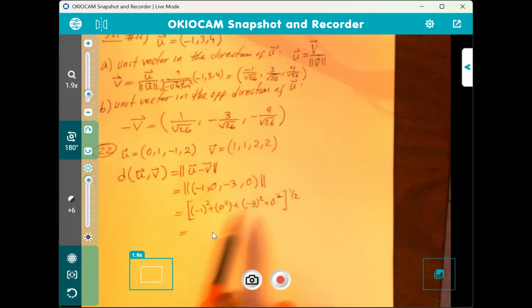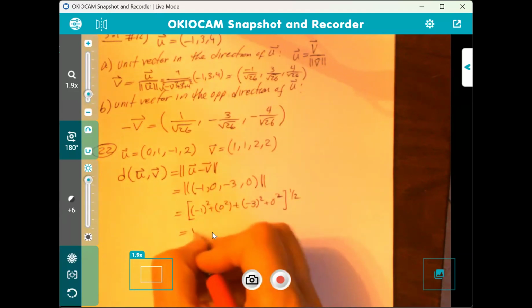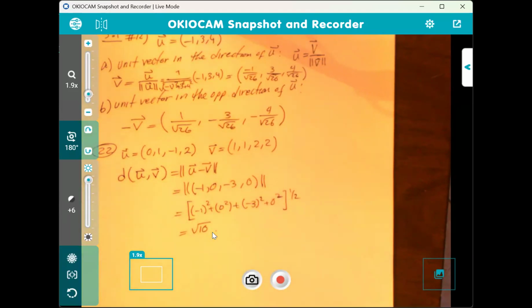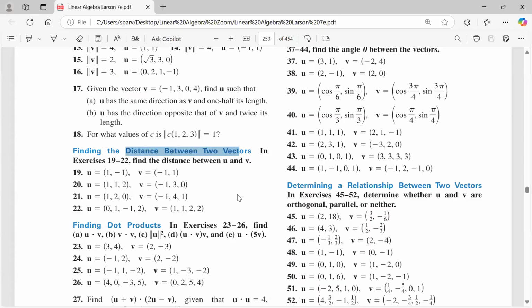So it's going to be 1 and 9, 10. That's going to be square root of 10. That's going to be the distance between the tip of those two vectors. Okay, on that one, please, if you have questions, folks, ask. Otherwise, I gather you're okay.